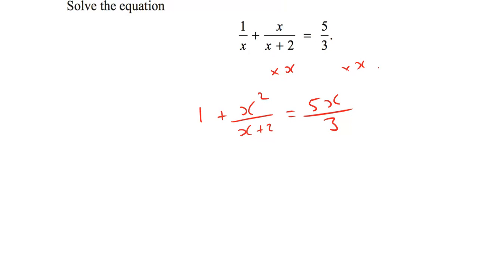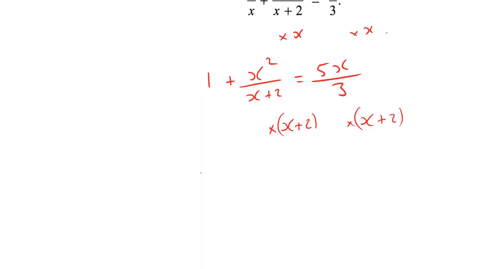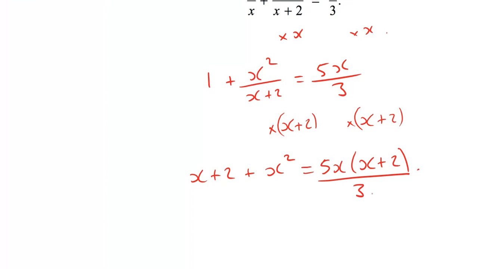Step number 2, we're going to multiply both sides by x plus 2. So if we do that, we're going to have x plus 2 plus, and we're going to cancel that denominator, just an x squared, and that's going to be equal to 5x times by x plus 2, all divided by 3.